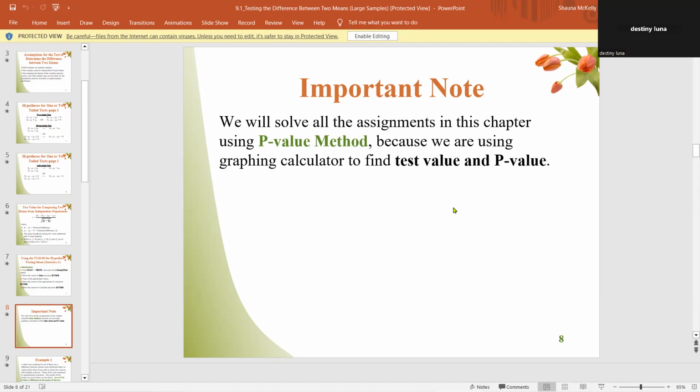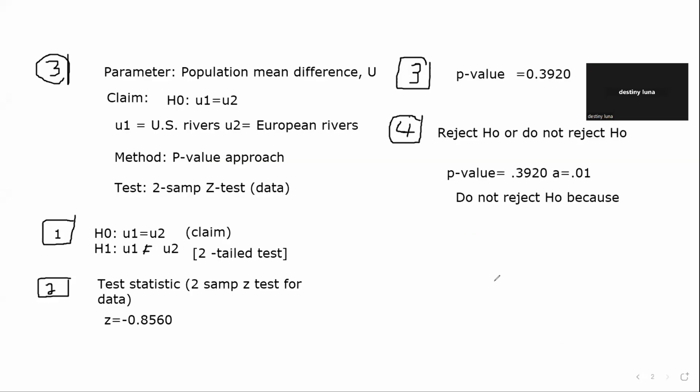Okay, so here, let's go back to the whiteboard. So we do not reject the null because p-value is greater than alpha.